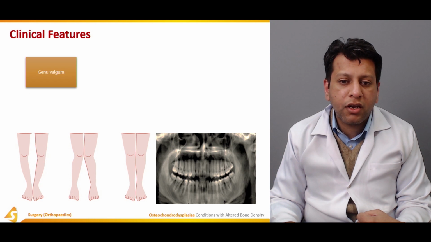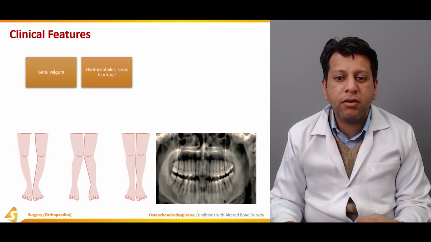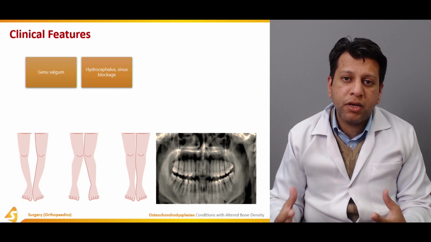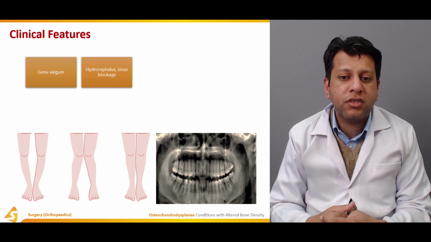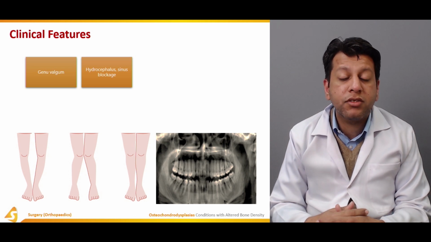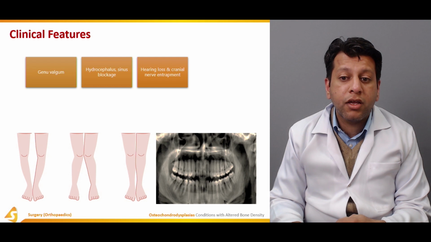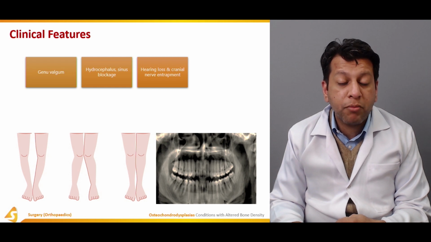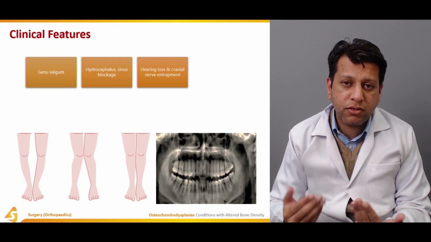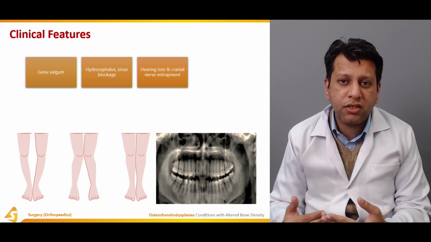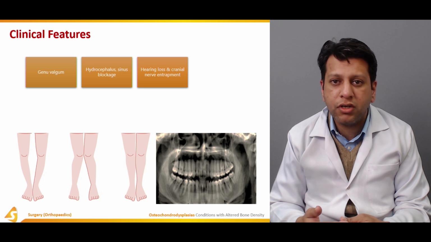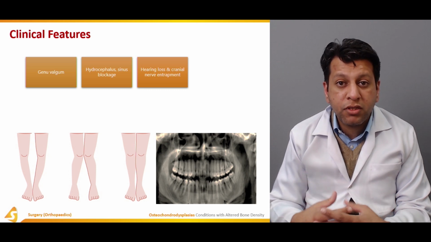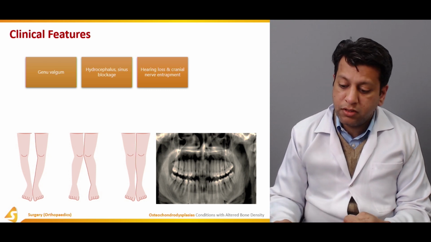Clinical features are classically genu valgum, that is bowed legs. The bones have become strong and thick, and as a result there is blockage of the sinuses, leading to hydrocephalus, sinus blockages, hearing loss, and cranial nerve entrapments, because the nerves exiting the skull through different foramina, for example the facial nerve and glossopharyngeal nerves, get entrapped in these bones, leading to neuropathies.